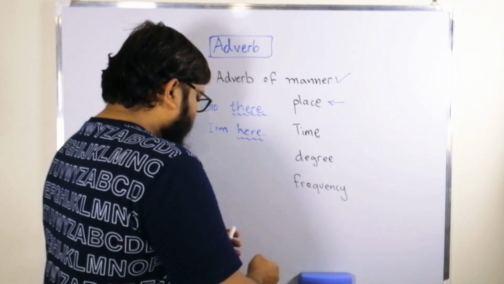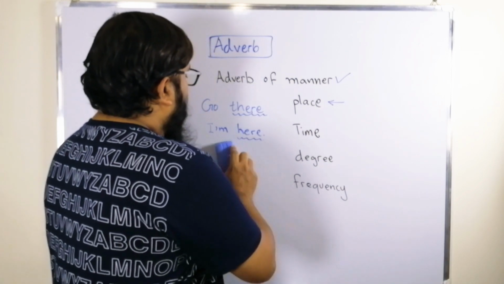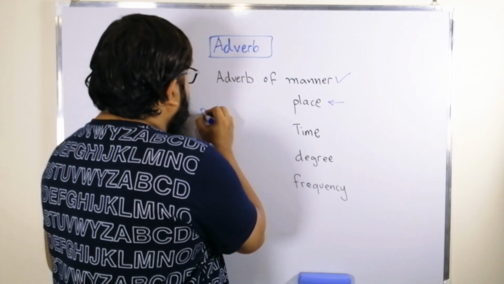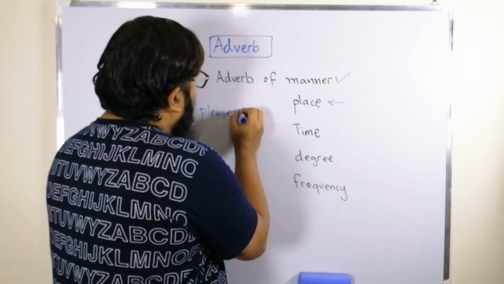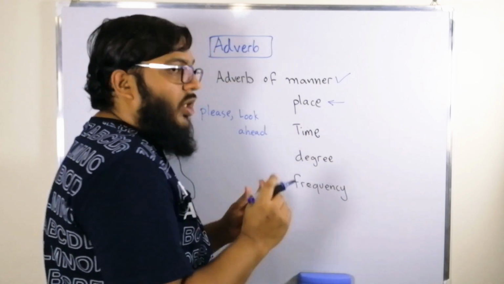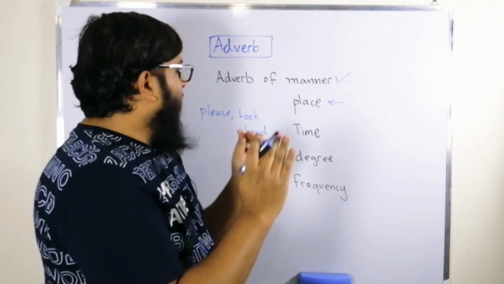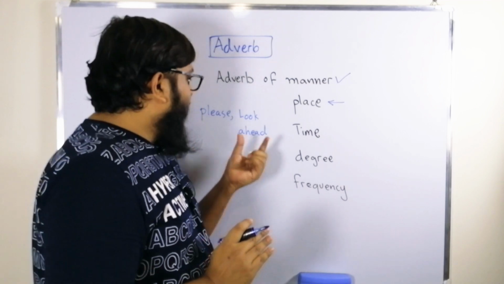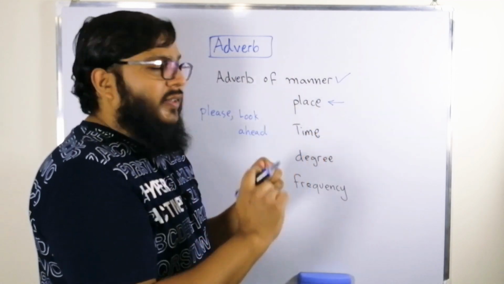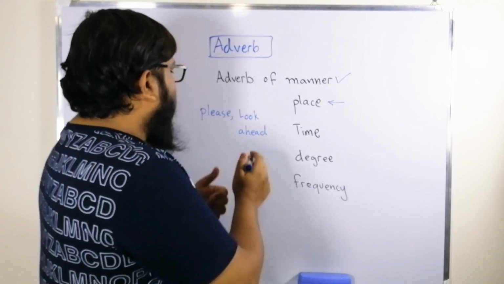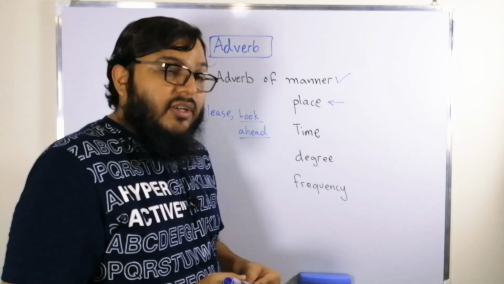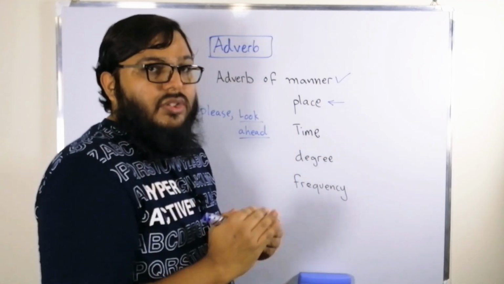For example, please look ahead. It's not a phrasal verb because it doesn't have an idiomatic meaning. So please look ahead or go ahead. In these examples, look is a verb, ahead is an adverb of place, direction.